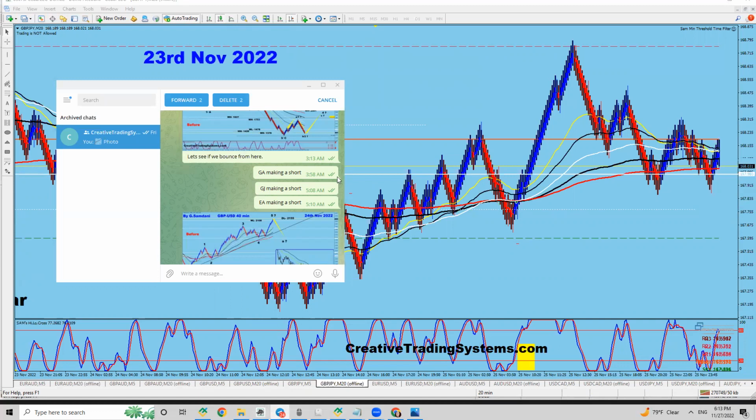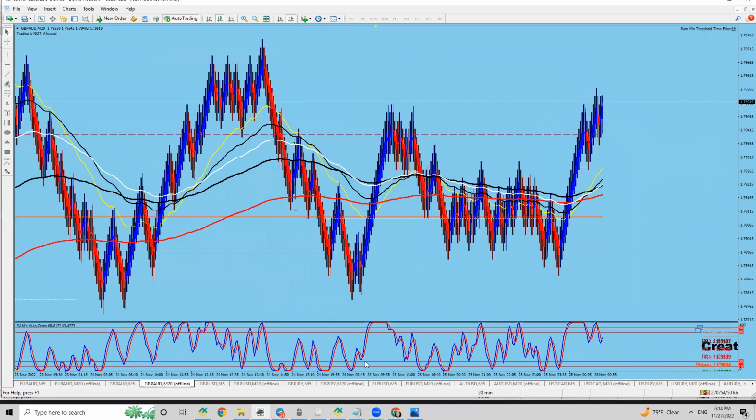And GA making a short on the 24th, and it's almost 4 o'clock, so 11 o'clock broker time. GA is right there on the 24th, right? Also, it is right there, right?